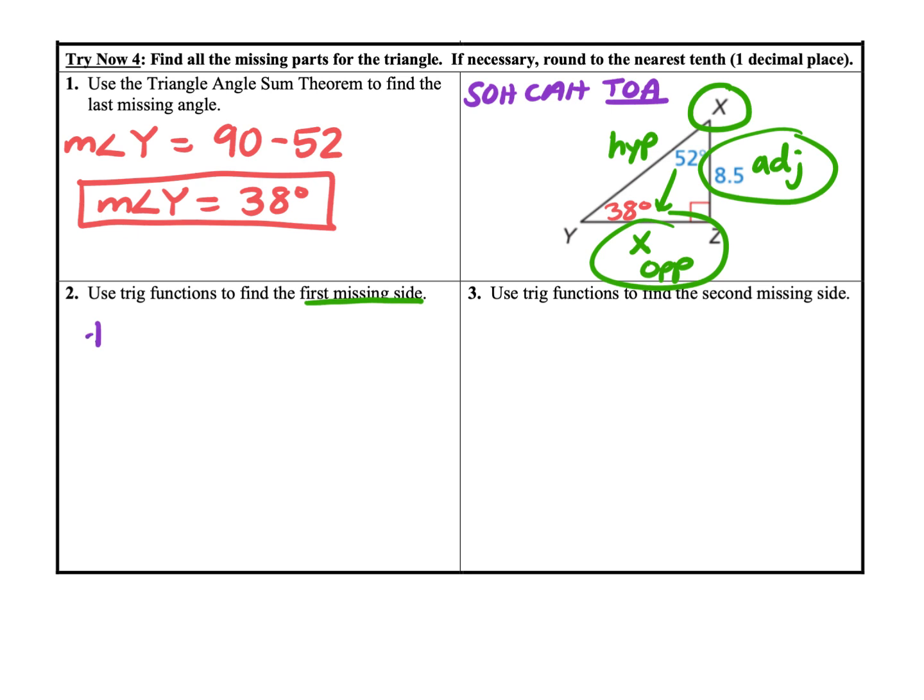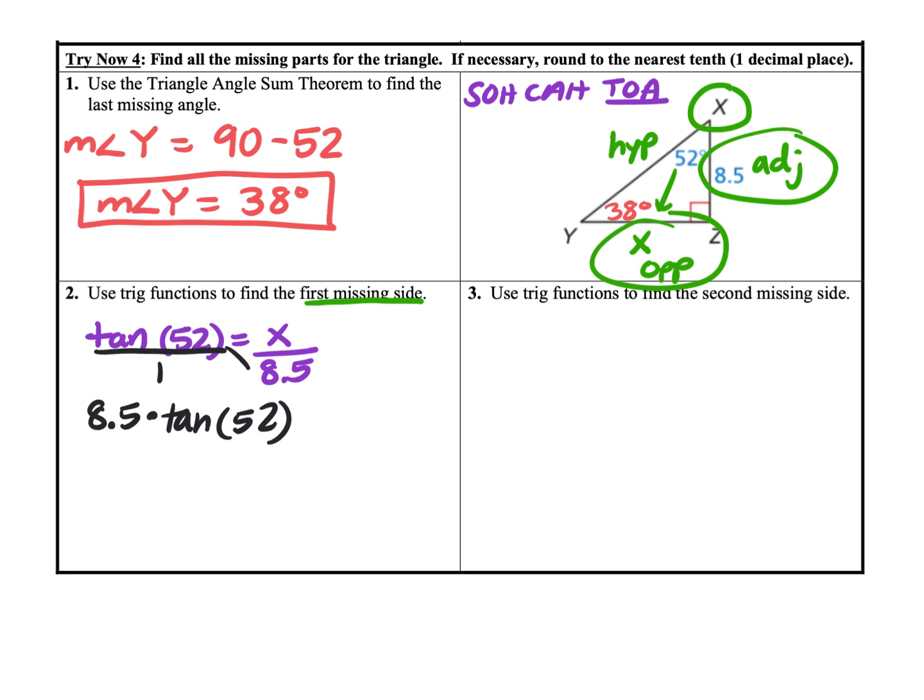So I have the tangent of 52 degrees is equal to O, which is X, divided by the adjacent of 8.5. Now we can solve for that side using our cross products. 8.5 times the tangent of 52 is going to equal X. Grab your calculator and type that in.